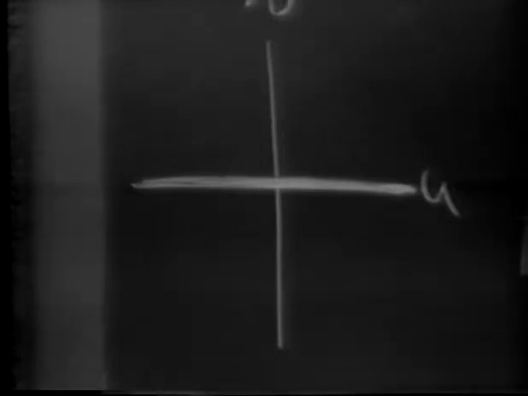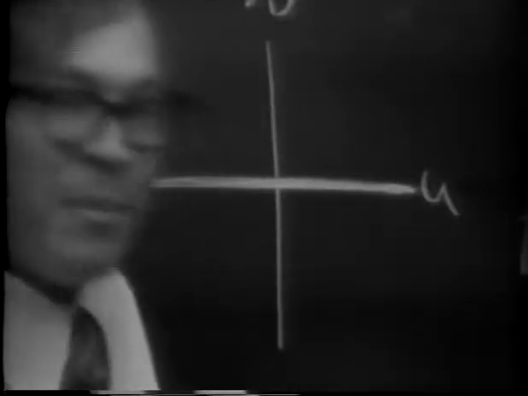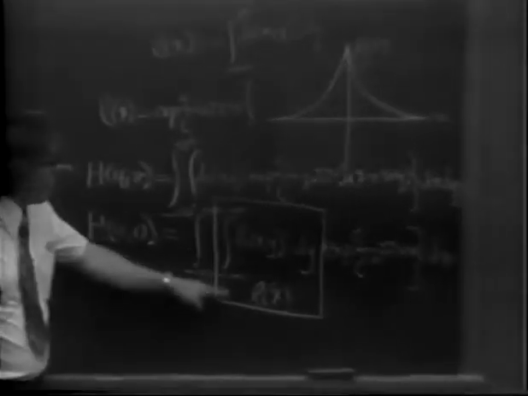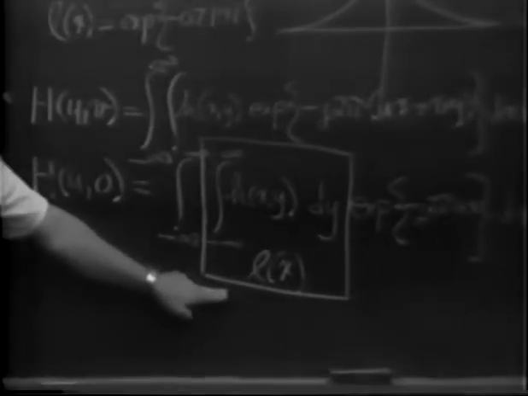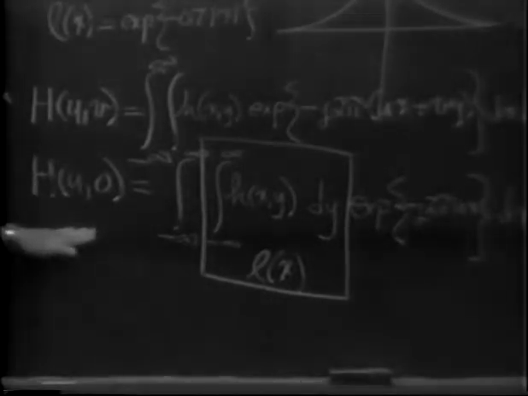So now let me first solve problem 2.6b, and then let's see how it generalizes into a very useful technique. Okay, so this tells me a couple of things. First of all, if I take the one-dimensional Fourier transform of the line spread function, I get one line in the two-dimensional Fourier transform space.